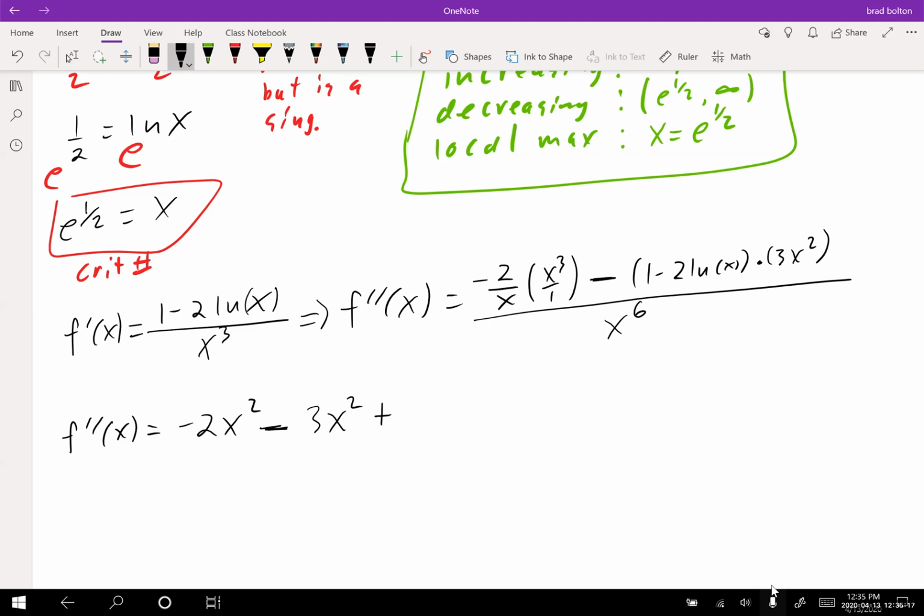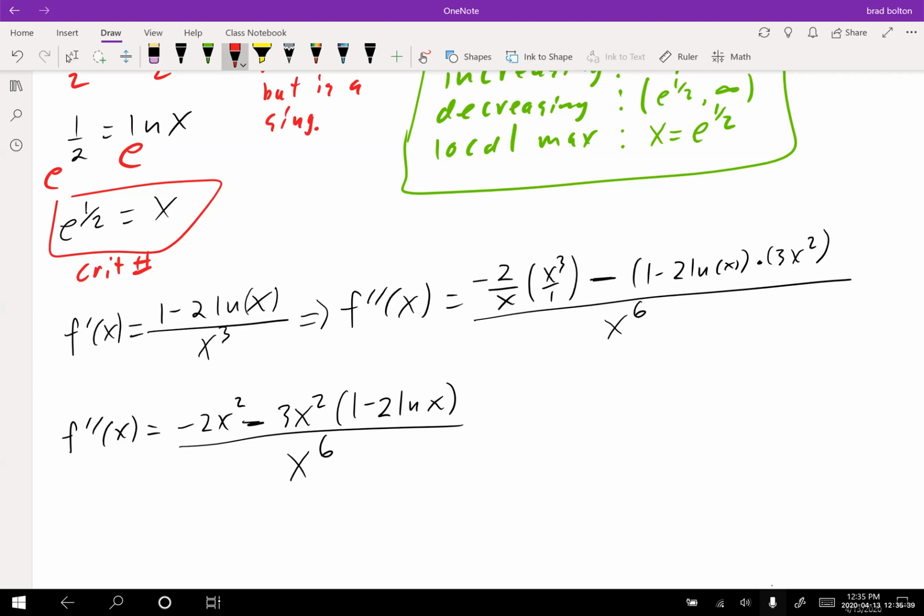You know what, I want to factor this. I'm going to write this cleaner.